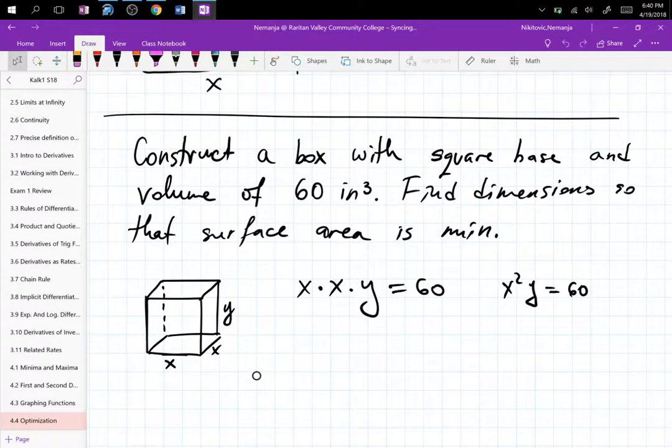So we have x times x for area of the base times the height. That's the y. So x squared y, that's your constraint equation. What's the objective equation? What am I minimizing? Surface area. So what is the surface area for the box?